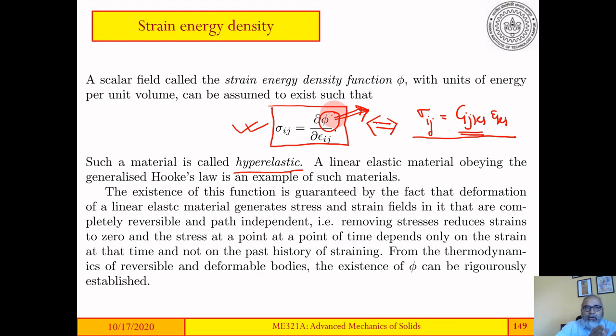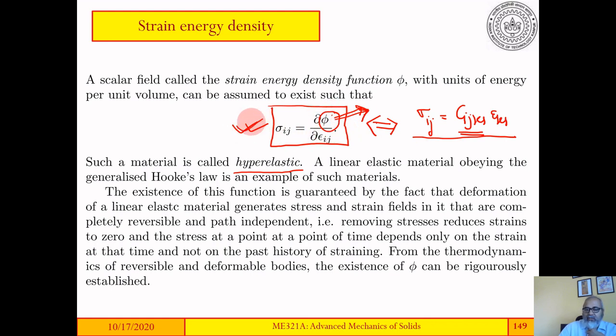So if you plot a loading path in a stress strain plot and you unload from a particular stress, you would follow the same path while loading and unloading. So completely reversible path independent deformations can always, from a thermodynamic point of view, be shown to have a strain energy density function which is a scalar function of strains, and which we will denote by phi.